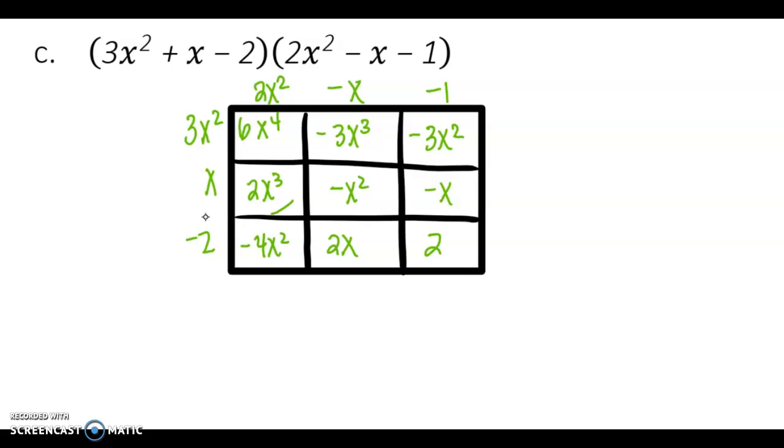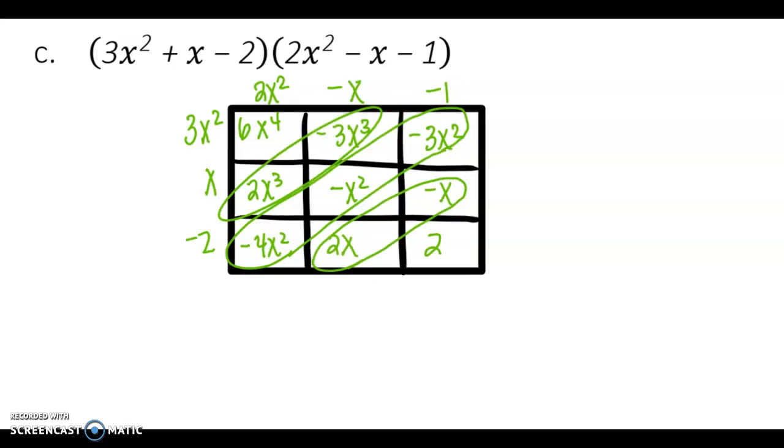And so if we look at our diagonals, they do all have the same coefficients. So the first ones are x cubed, the second ones are x squared, and the last one are x's, so you could combine those.